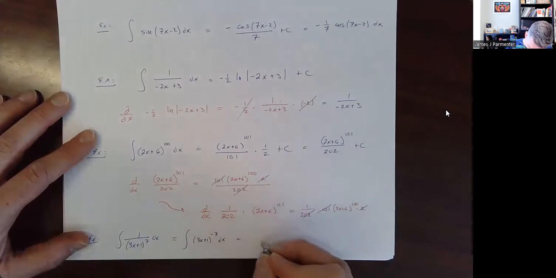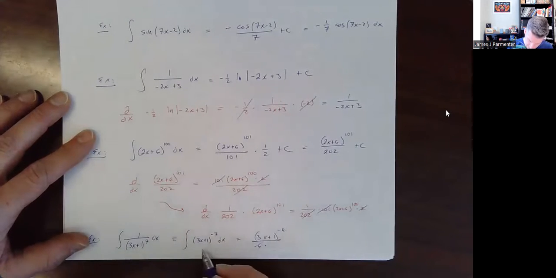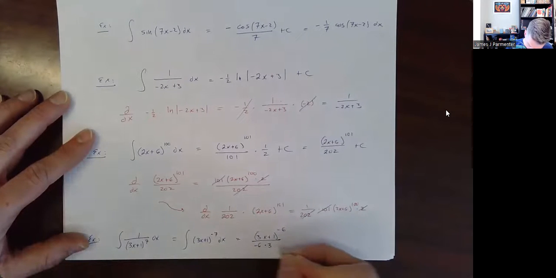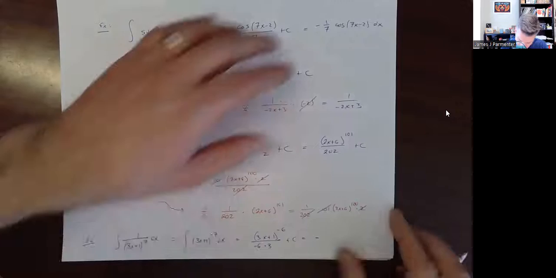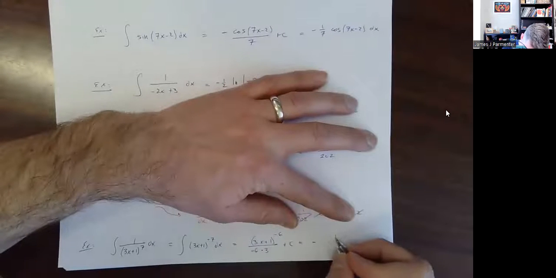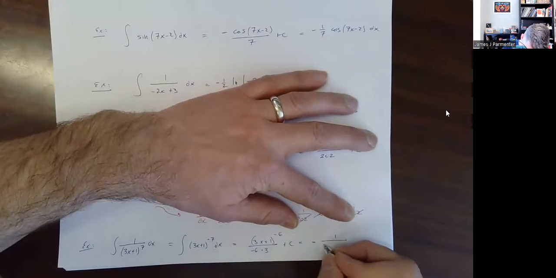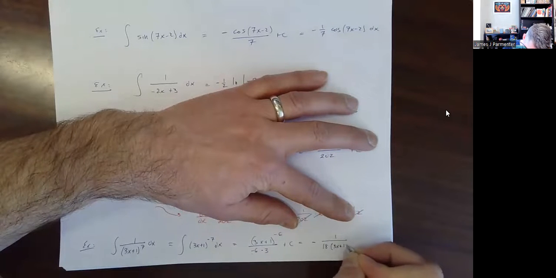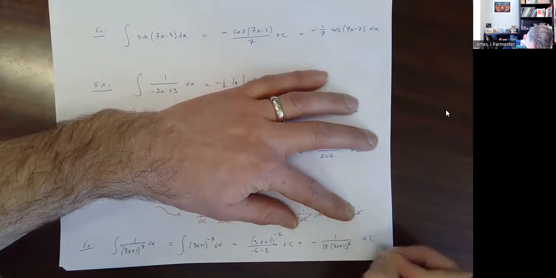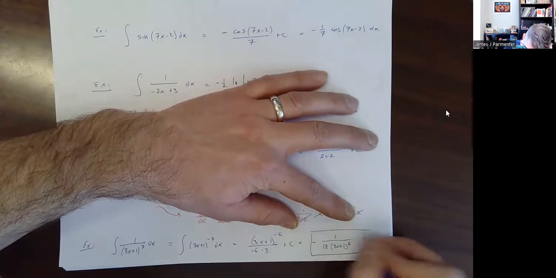I'm going to get 3x plus 1 to the negative 6 divided by negative 6 and also divided by the coefficient of x, just 3. I would probably write it as negative 1 over 6 times 3, which is 18, and 3x plus 1 to the negative 6 is 3x plus 1 to the positive 6 in the denominator. That's how I would probably choose to write it.